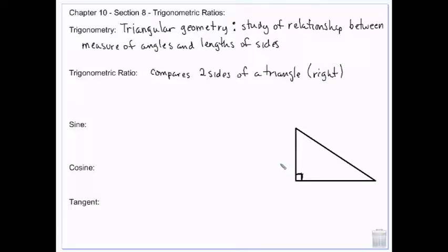Now, the three main trigonometric ratios are sine, cosine, and tangent. You'll remember from our talks of Pythagoras, we have A, B, and C, which is the hypotenuse.